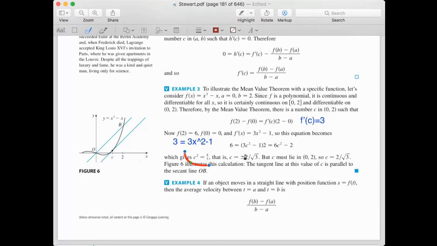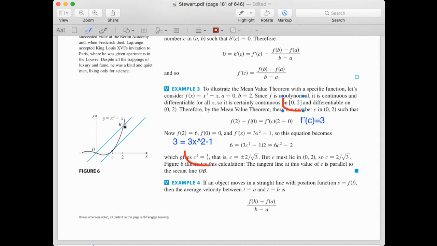So we have 2 such c. But c must lie in 0 to 2, because we're only working with the interval from 0 to 2. So we'll reject the negative value, the negative 2 divided by radical 3. So we have c equals 2 divided by radical 3.